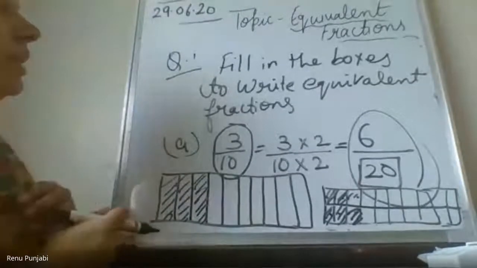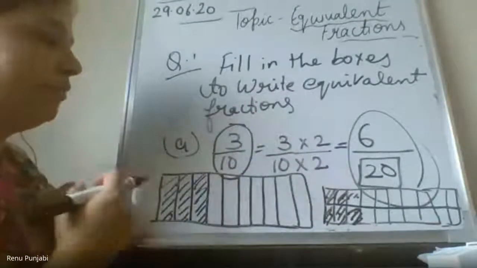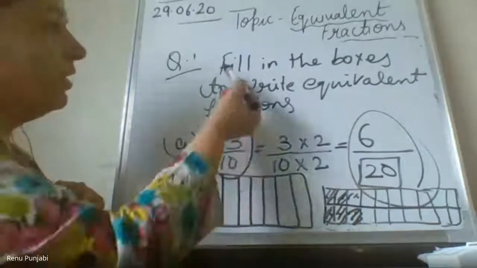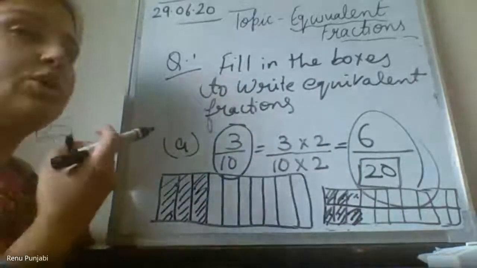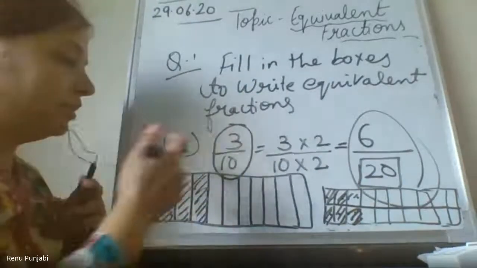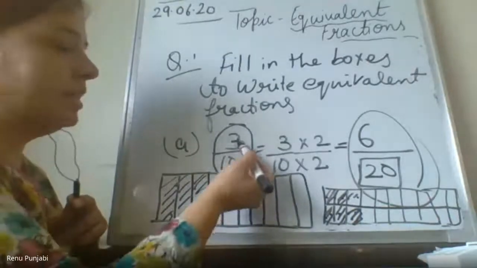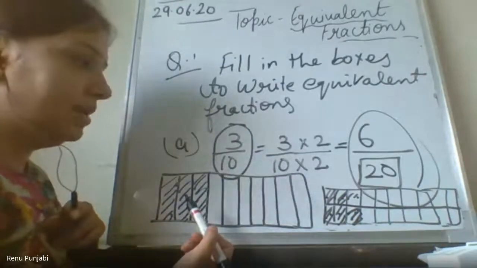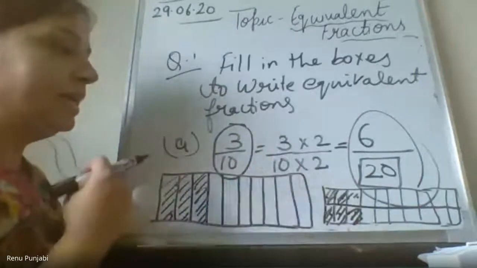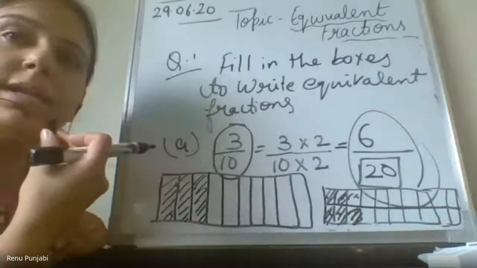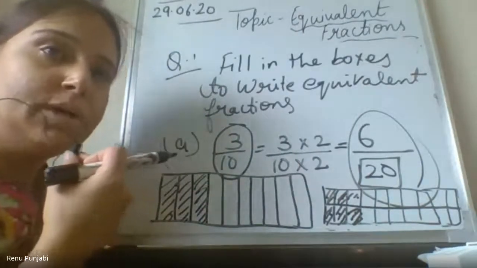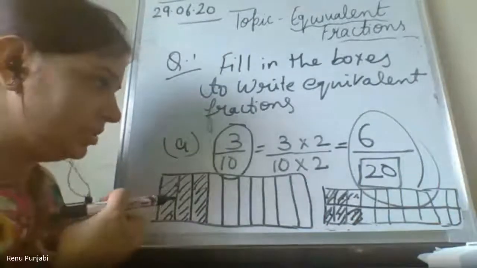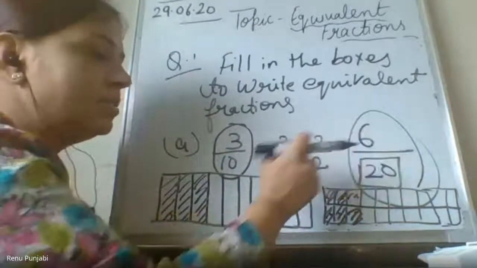Okay. So right now I am on equivalent fractions. I gave one question: fill in the blanks to write the equivalent fraction. So our question was 3 upon 10. The 3 is the numerator and 10 is the denominator. As I said in the beginning, when you multiply the numerator and the denominator with the same number, you will get the equivalent fraction. 3 into 2 is 6 is already given to you.